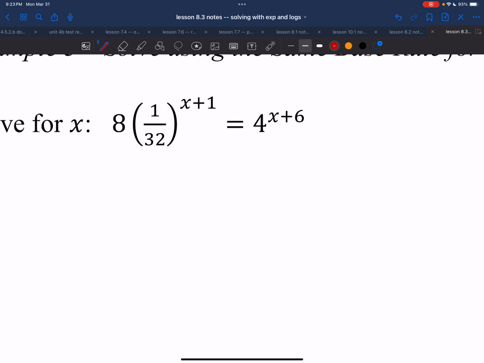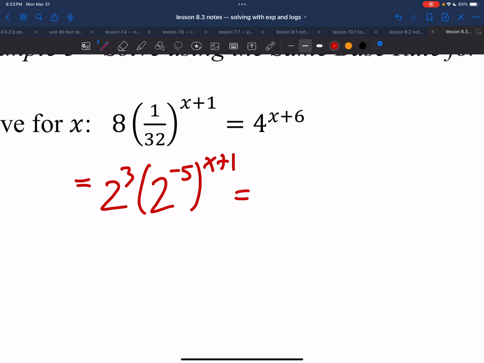Could these be rewritten as some number to a power, knowing that that number would be the same for all of them? Well, 8, as it turns out, is 2 cubed. And 2 to the 5th is 32, so 2 to the -5th is 1 over 32.